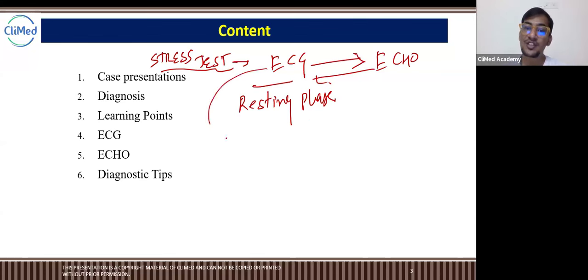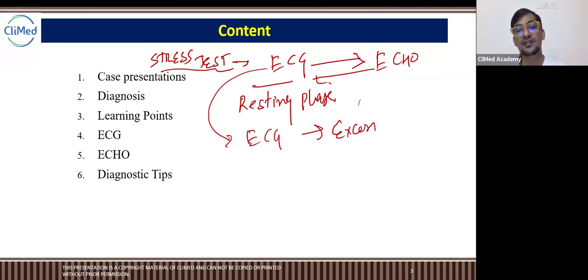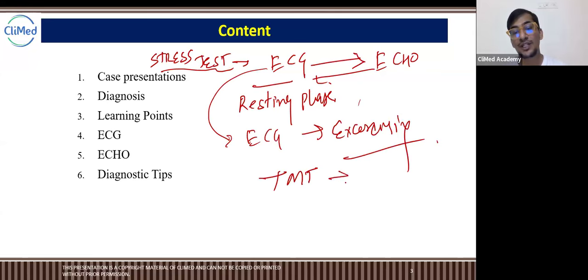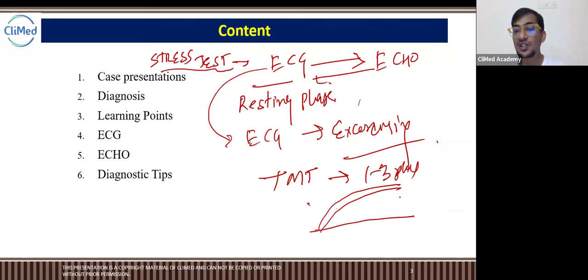But when it comes to the stress test, we do the same ECG when the patient is exercising, running on the TMT in three phases, where his speed and elevation on the treadmill are increased. At that time we measure the ECG. During the exercise and activity, we measure the ECG. That is called a stress test.